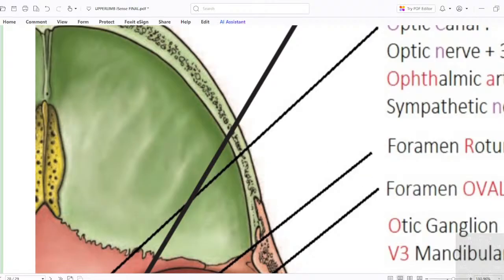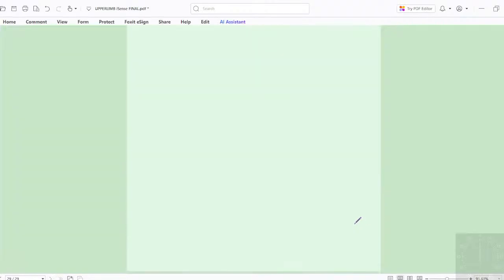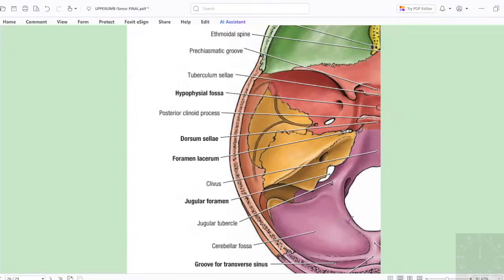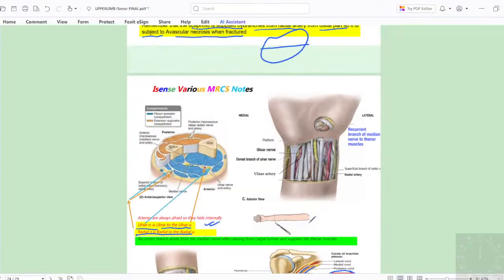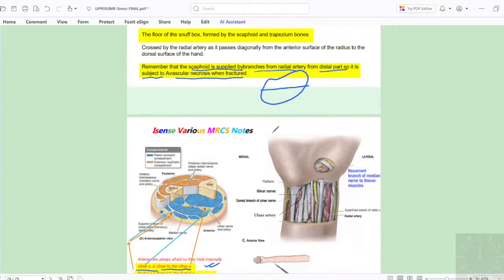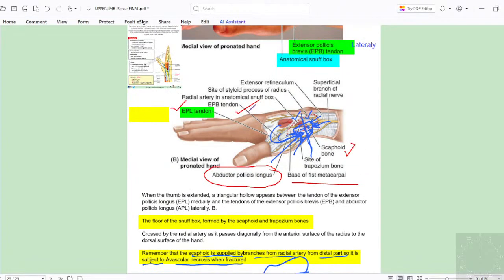This is not part of the upper limb, but it came here by mistake. So now I have to read EMRCS. We will conclude our session here and read this lecture file properly.